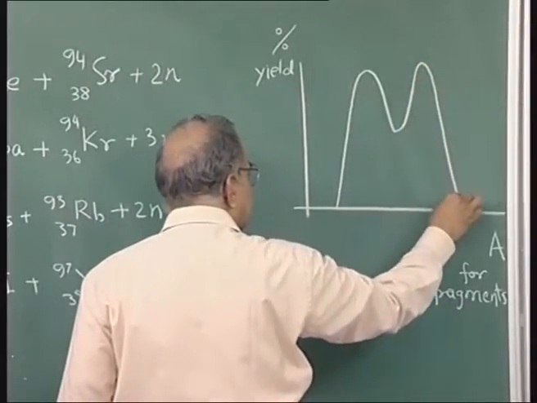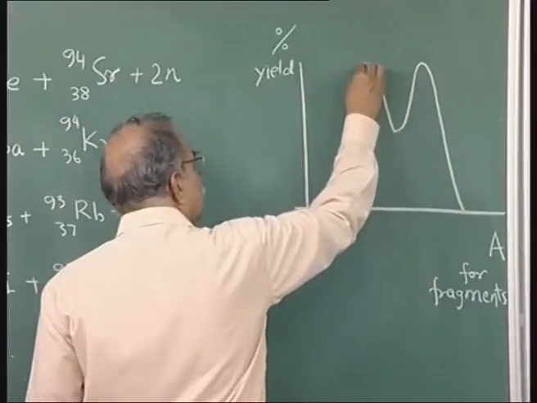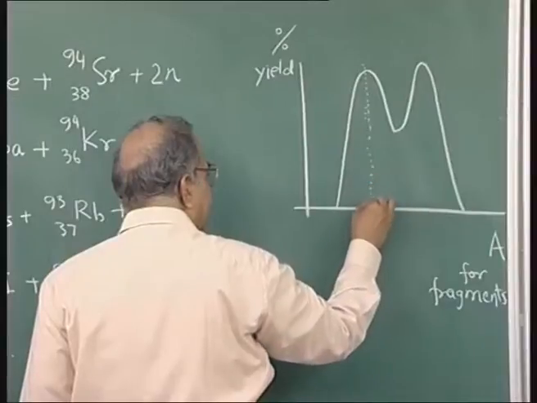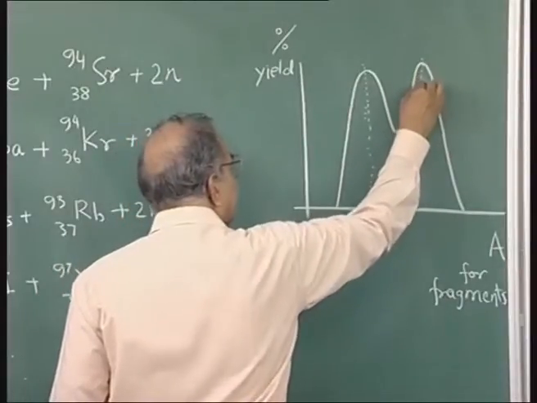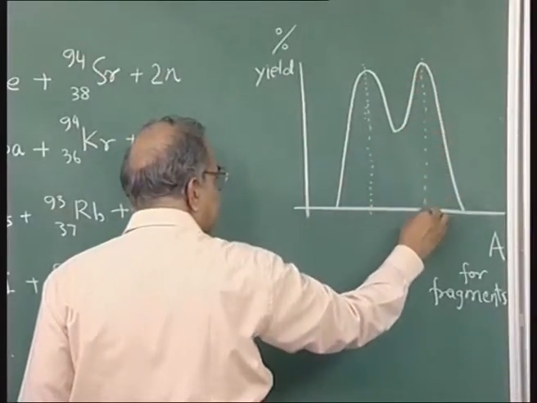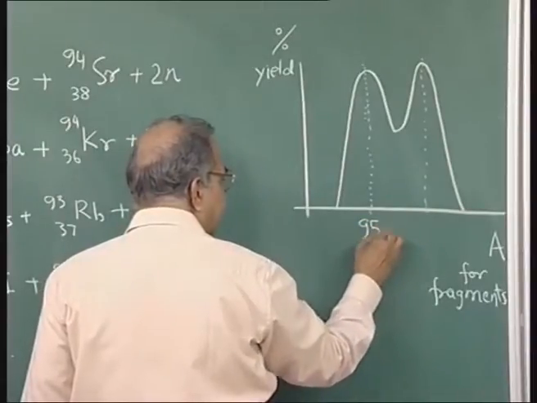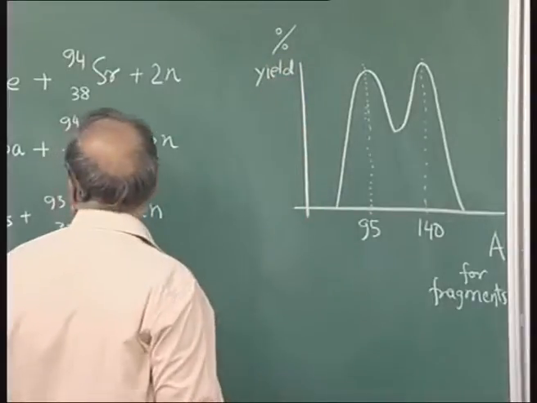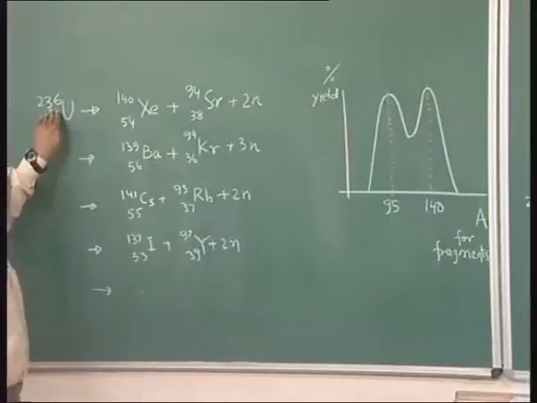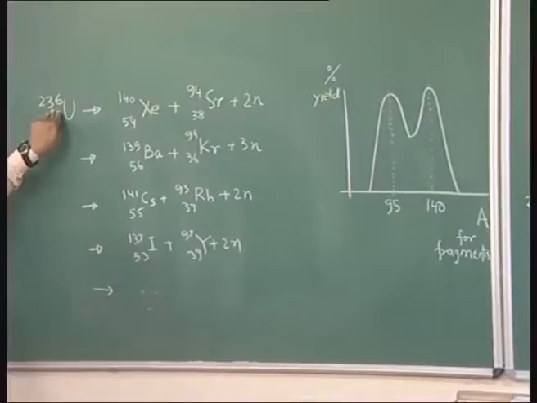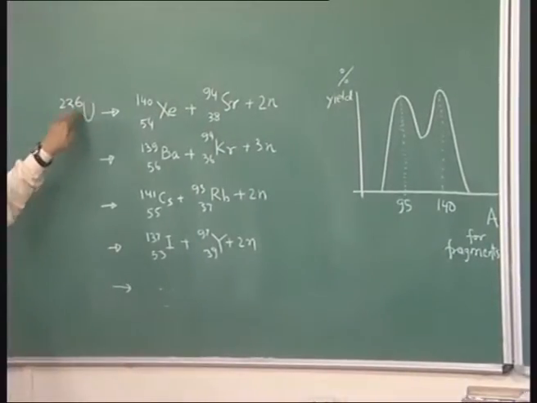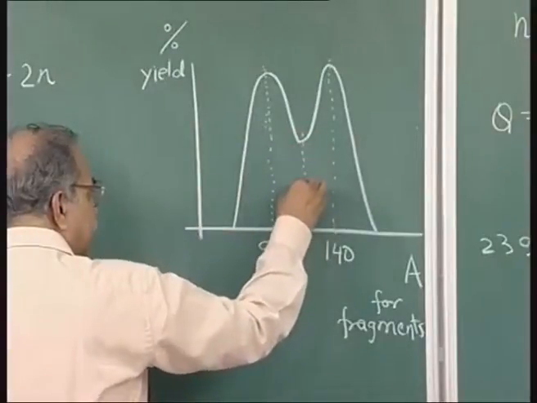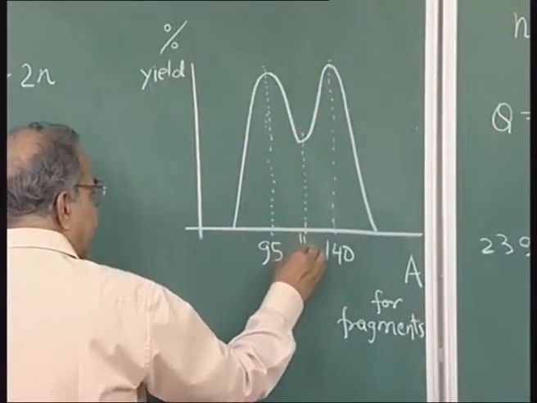something of this sort. And these two humps, these two maxima, they are somewhere around 95 and 140. And the initial one, remember, is 236. If it splits into equal parts, it would be 118, 118, and that is in fact here.